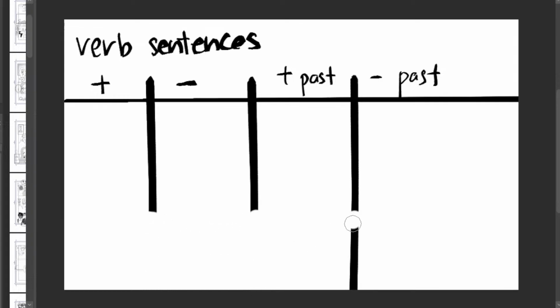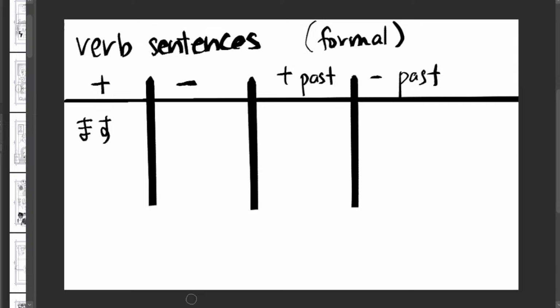For verbs in Japanese formal language, all verbs will end with masu. For example, ikimasu means to go.